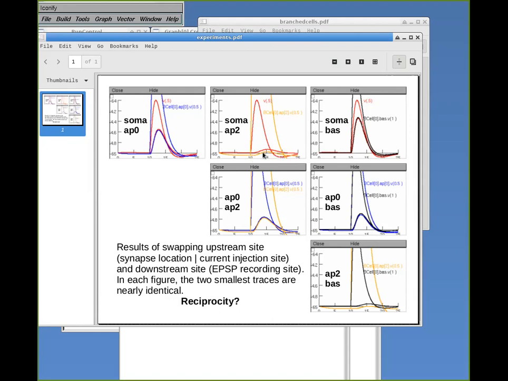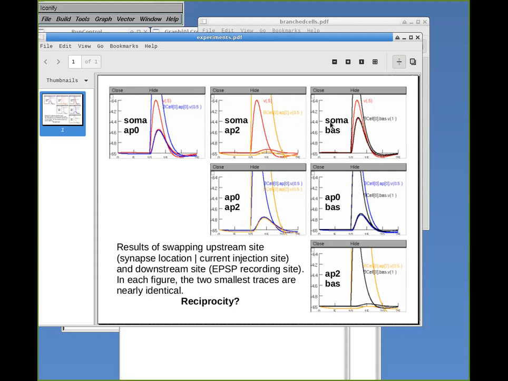Now, if we take our synapse away from the soma, attach it to the apical 2 location, we get a big depolarization at apical 2 and a small response at the soma. If we measure the amplitude of the response at the soma, which is now the downstream electrode, we see that this peak amplitude is pretty much the same as the peak amplitude of this little response. So that's looking like reciprocity between the soma and apical 2.